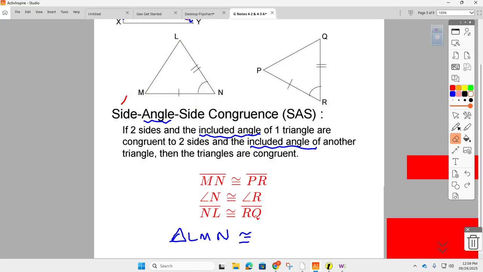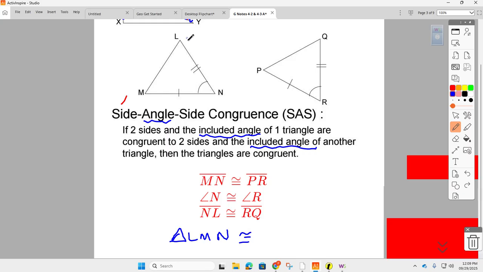All right. So angle L, this unmarked angle on the side of 2 dashes. What do you think is the corresponding angle in the other triangle to angle L? What do you think, Helen? The Q?